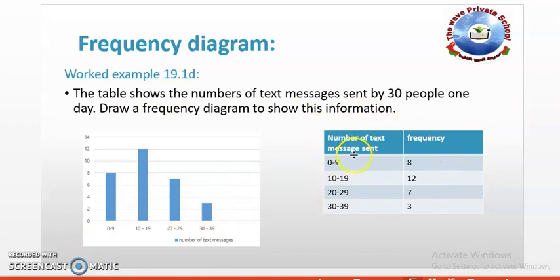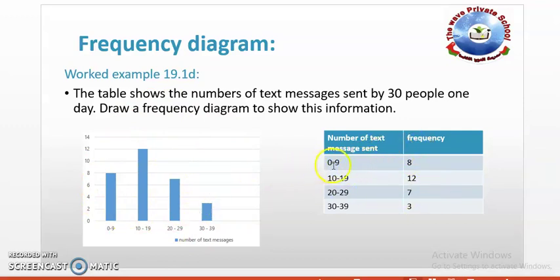This is a table where the number of text messages sent is given, and in this section frequencies are given. So just by seeing this table you can draw this frequency diagram.